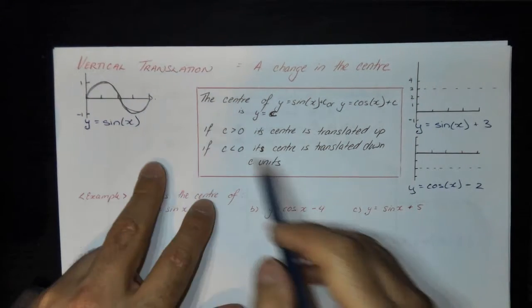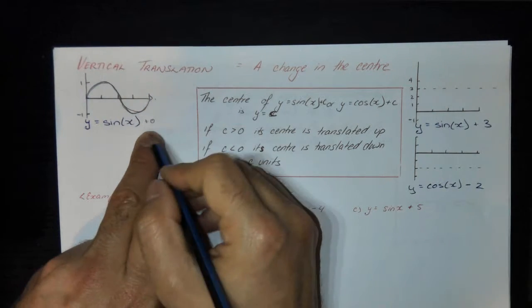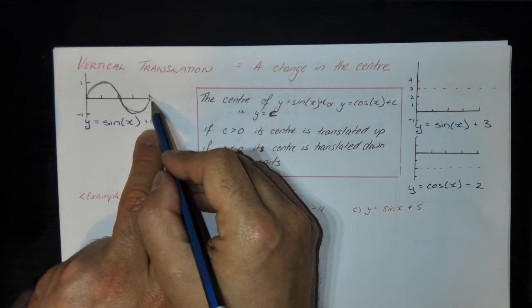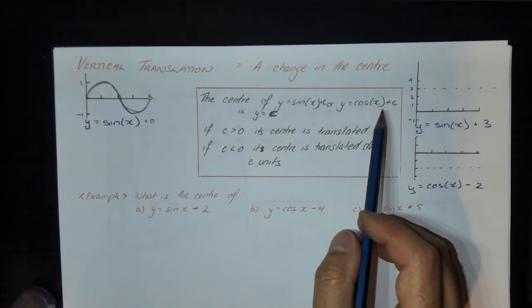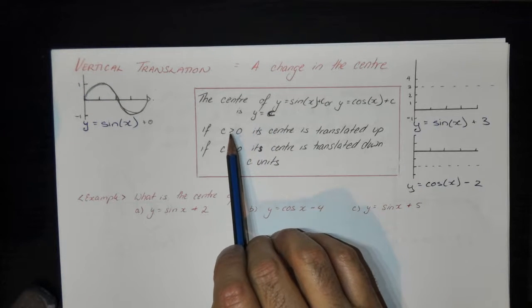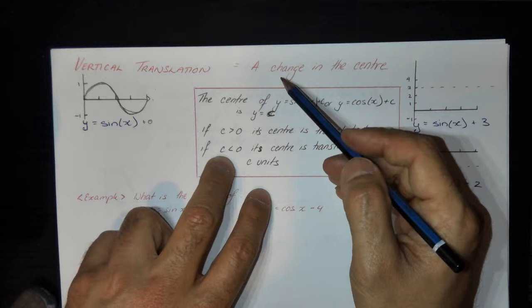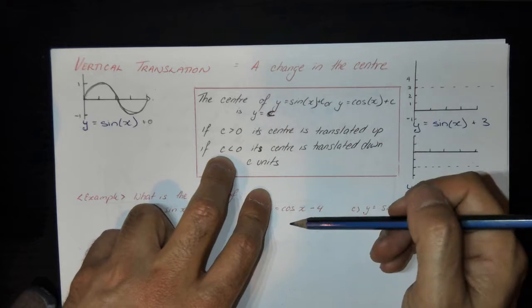So this is actually y equals sine of x plus 0, where the center is 0. If you have it as plus c for sine of x, cos of x, then if c is greater than 0, it translates the center up. If c is less than 0, it translates it down.